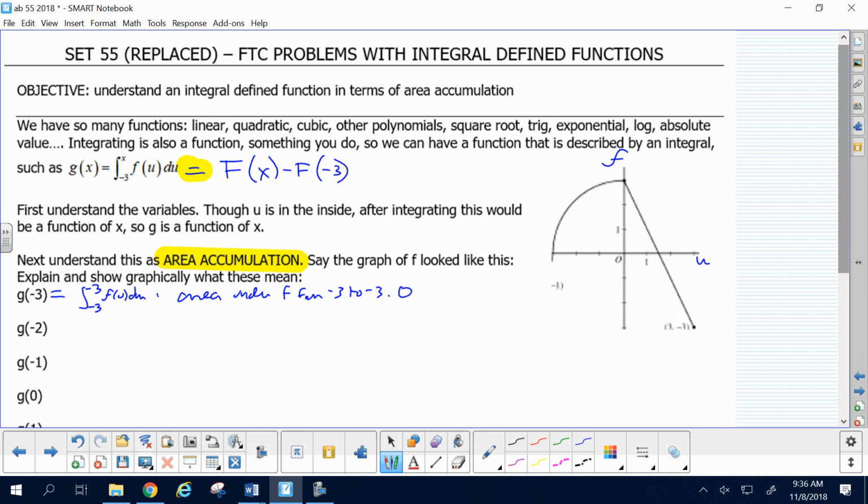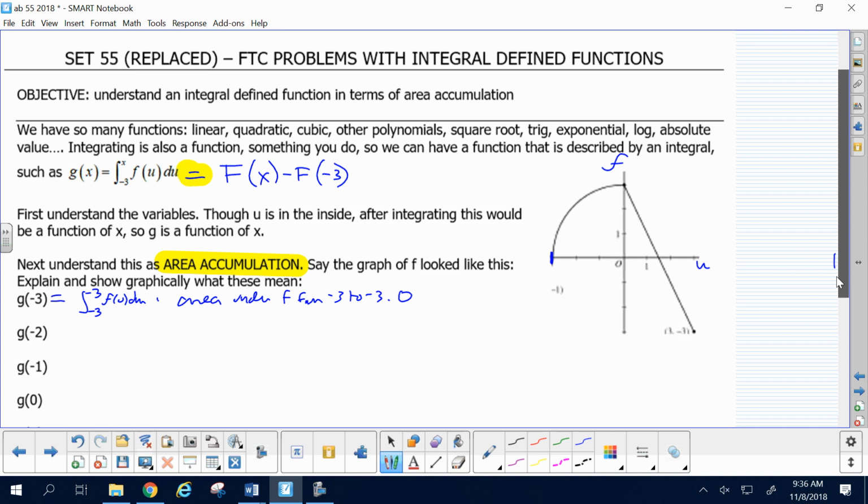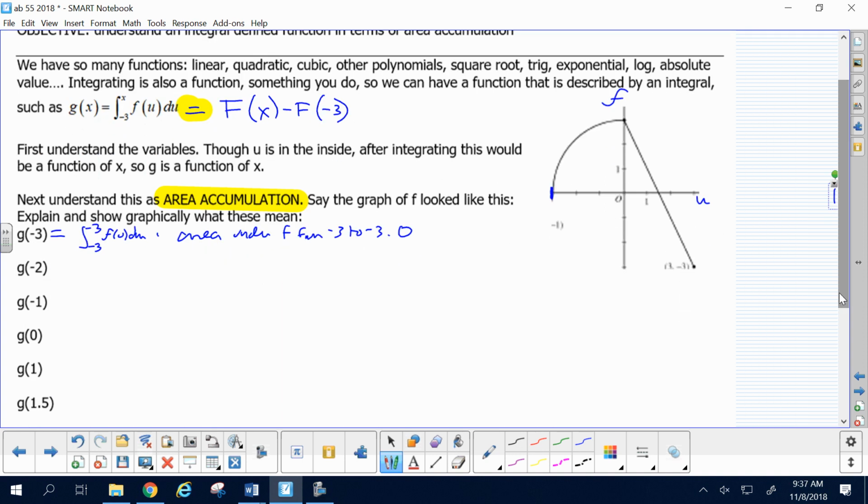Of course, there is no area there because it didn't go anywhere. The width of that region is nothing. You follow? So if I were to sketch G, which you typically don't do, but just for the fun of it, when x is -3, G would be nothing.